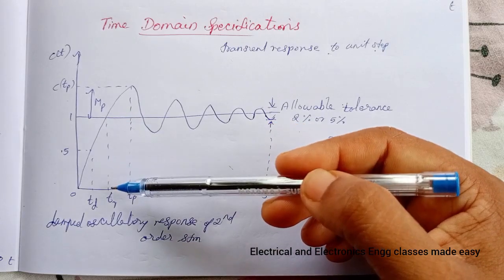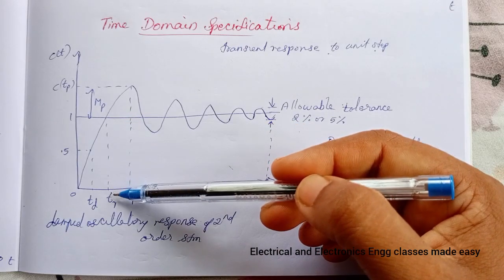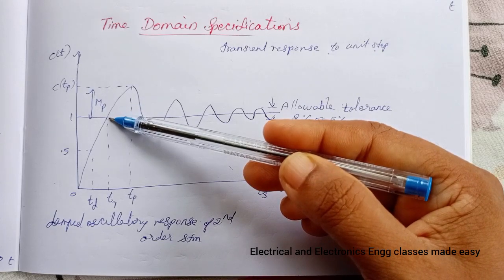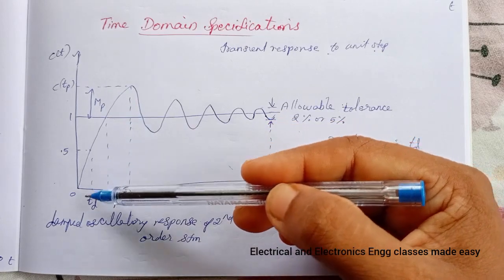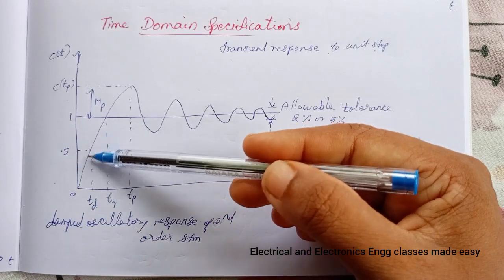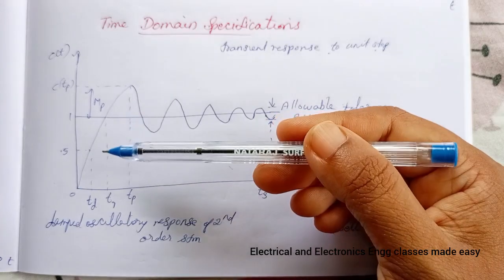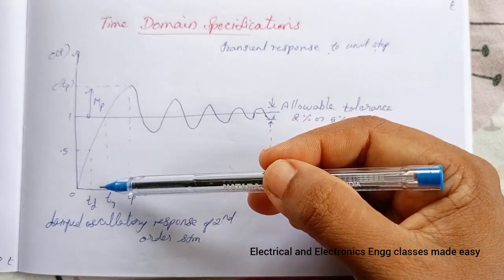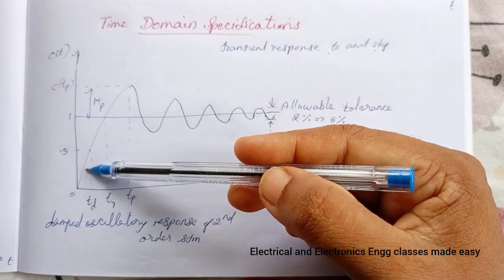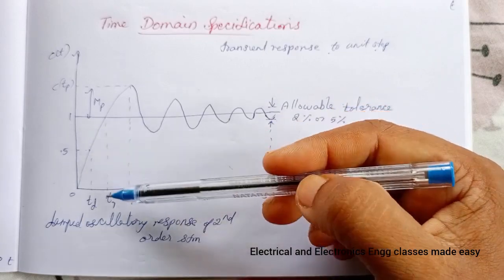For an underdamped system, the rise time is calculated from 0 to 100%. But for an overdamped system, it is the time taken by the response to rise from 10% to 90%. And for a critically damped system, it is the time taken for the response to rise from 5% to 95%.